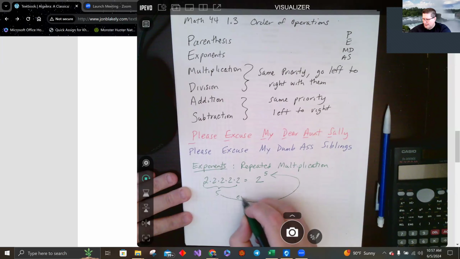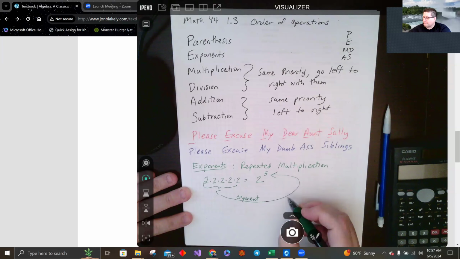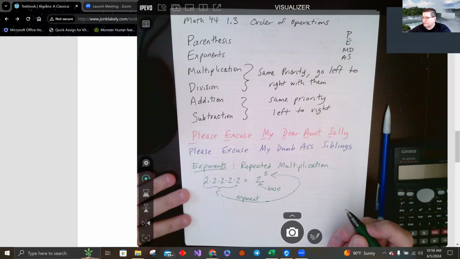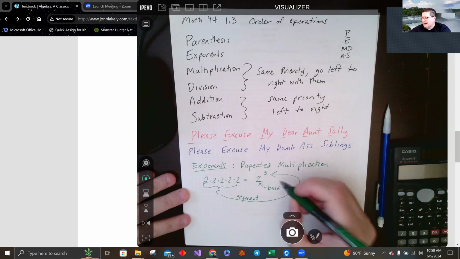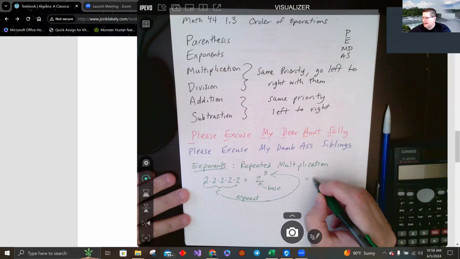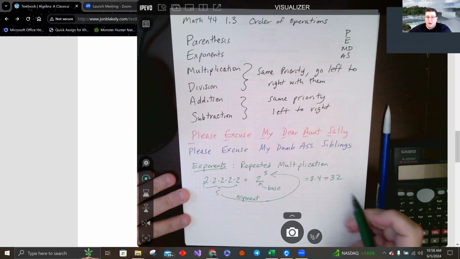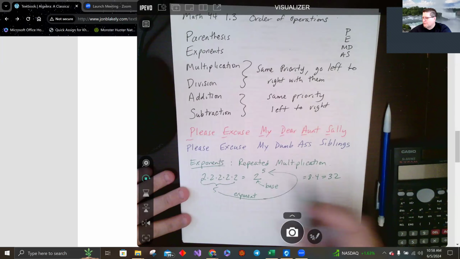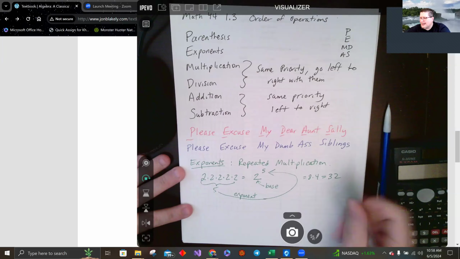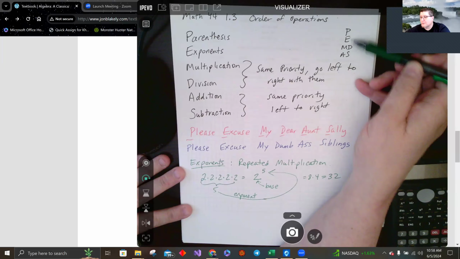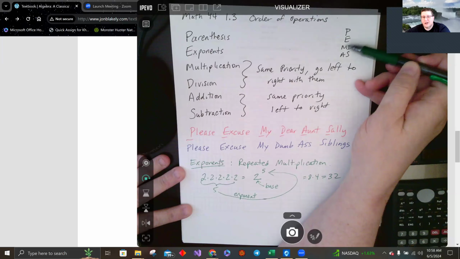This is called the exponent, and the 2 is called the base. And if you multiply this out, 2 times 2 is 4, 4 times 2 is 8, 8 times 4 is 32. So when you see repeated multiplication, this represents multiplication, and that's kind of why it's right before multiplication and division in PEMDAS, because it is multiplication. So exponents is just another form of multiplying, but we do them first.